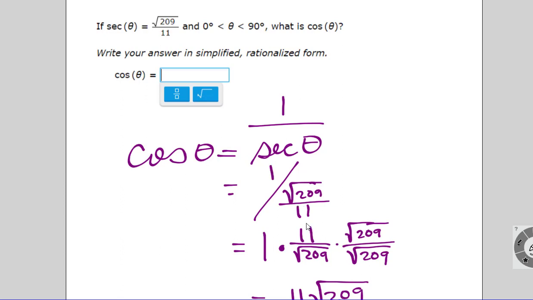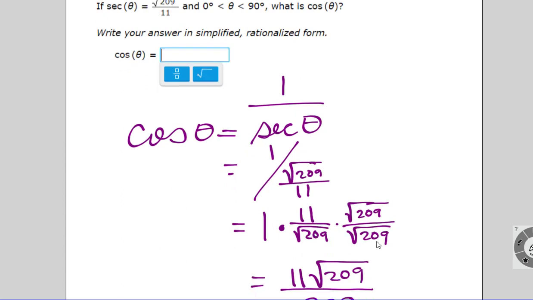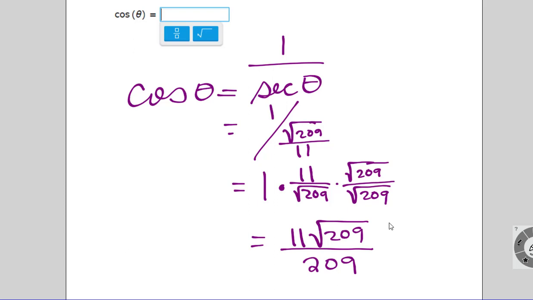So 1 over what they gave me for secant. Well, because I'm dividing by a fraction, the way that we handle that is we multiply by the reciprocal of the thing that we're dividing by. So I had 1 divided by this fraction. Now it's 1 times the reciprocal of the fraction. So 11 over the square root of 209. And then I rationalized with this piece. Okay, all right, very good.